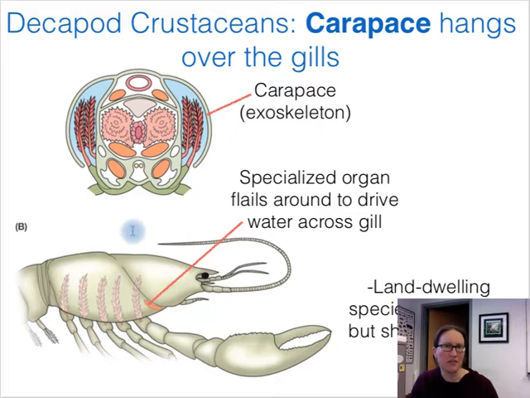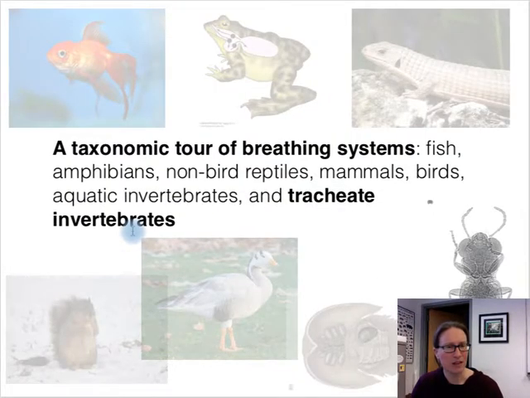And if we also look at land-dwelling crustaceans, the land-dwelling species also retain gills, but the exact shape of the gills in the land crustaceans can vary a little bit. In that context, there needs to be some additional structure so the gills don't collapse when exposed to air. And other than that, the general concept still holds for gas exchange. So that's the aquatic invertebrates, very briefly.